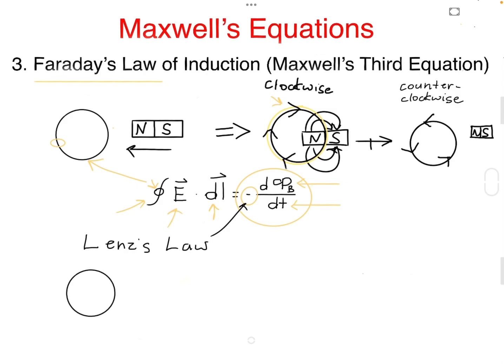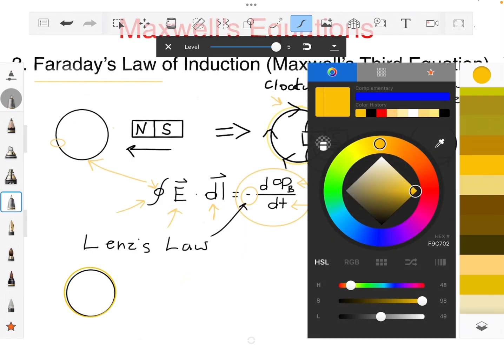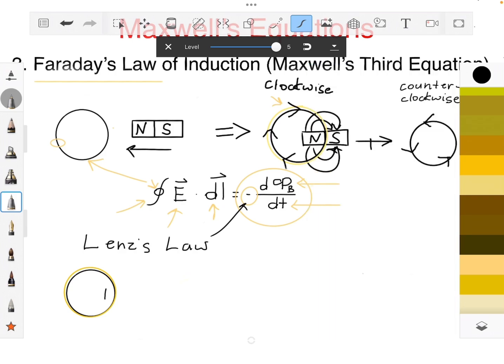So let's draw the loop. What happens is that around the loop there is an electric field, and that's of course after we bring the magnet there. I'm just going to draw the magnet again.